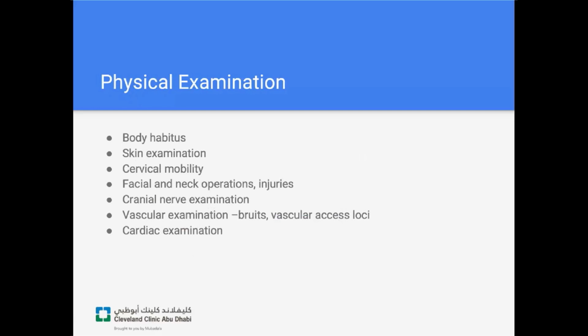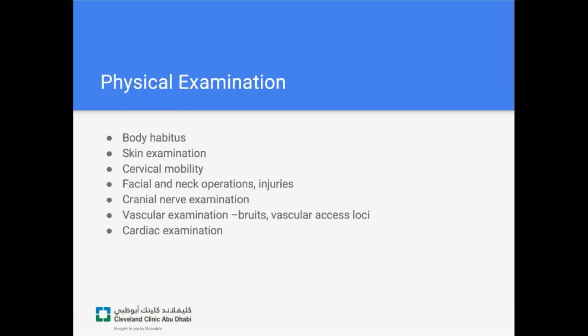Oftentimes these lesions, although they may appear clear of the mandible, will in fact be very difficult to get to if the patient is unable to extend their neck and turn their head. Again, previous facial and neck operations and injuries are also important to observe. A thorough cranial nerve examination is important because these are the nerves that you want to understand at baseline, as well as a thorough neurologic examination.